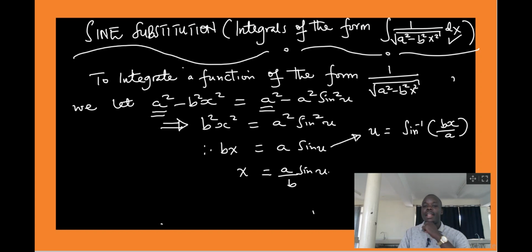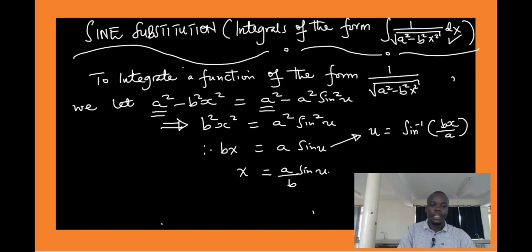But we shall basically look at functions with known constants so that we make life easy. This is a general form that I've just given to you. Let's right away go to the examples.